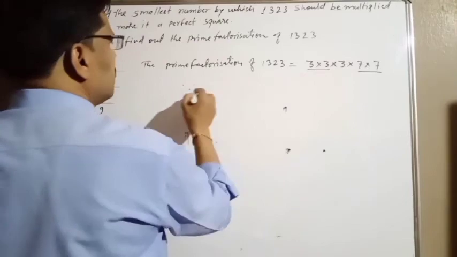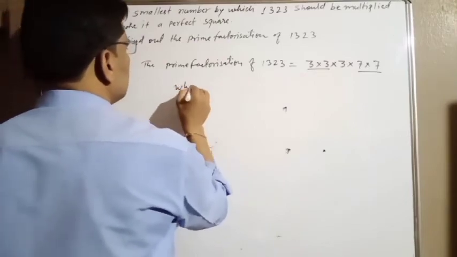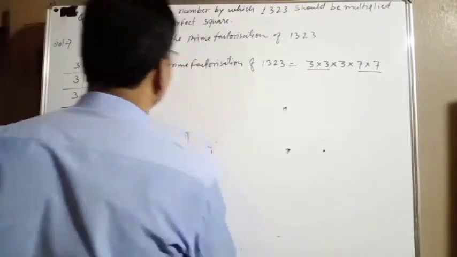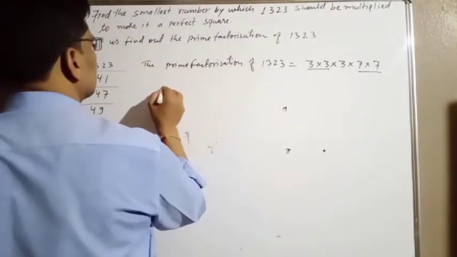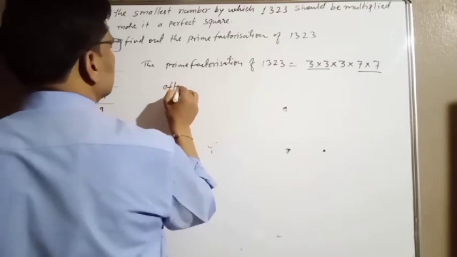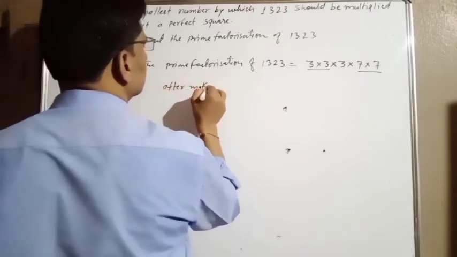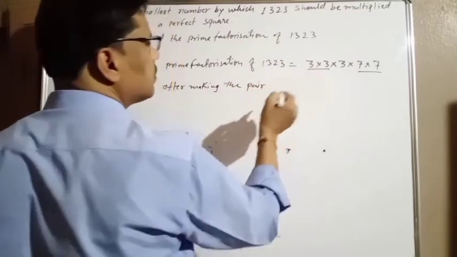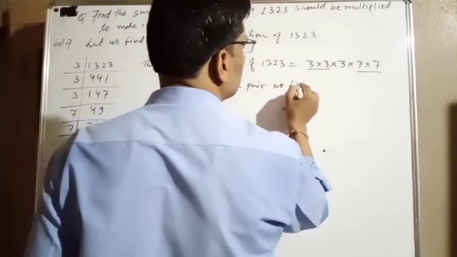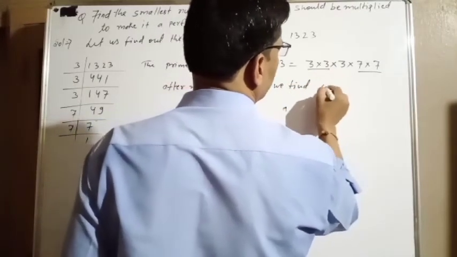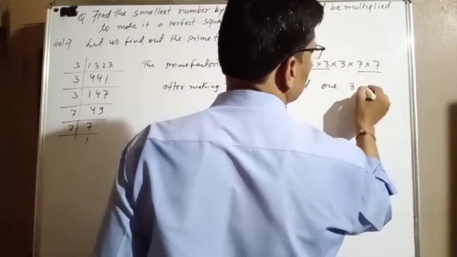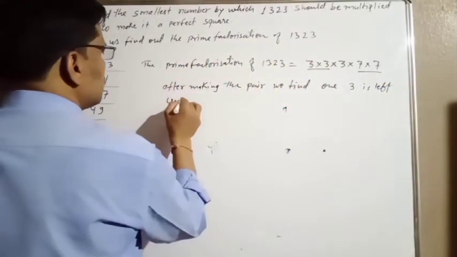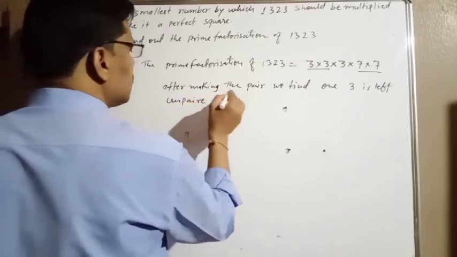After making the pair, we find one 3 is left unpaired.